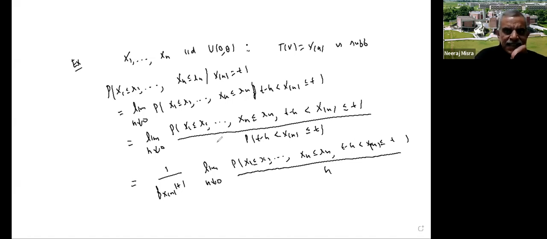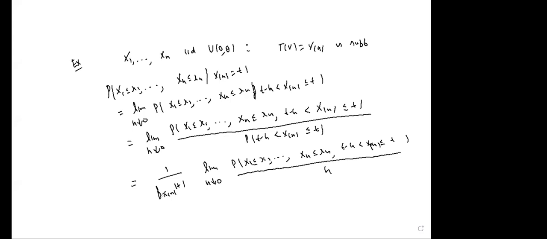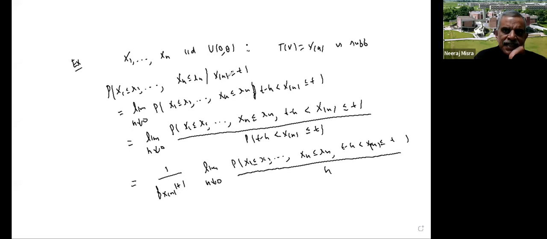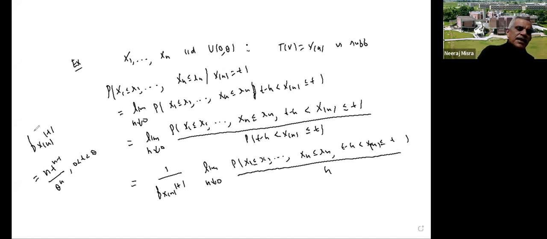I've just divided by h and that's it, because that limit I can directly get. This already I know. What is f of X(n) at t? In the uniform 0 to theta case, you know the formula. You can just see it is n t to the power n minus 1 by theta to the power n. I already know the density of the r-th order statistic; you can get it for the uniform as this.